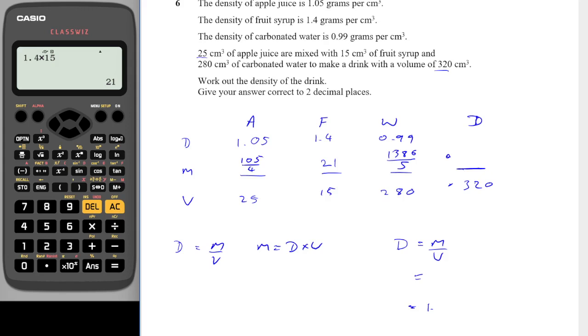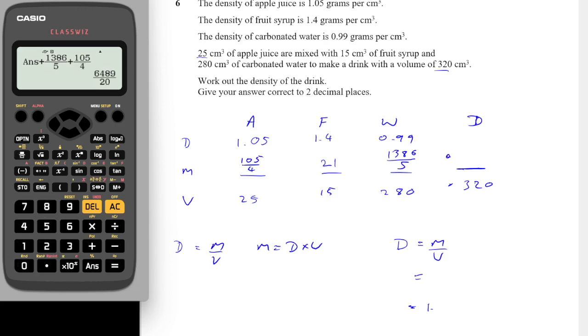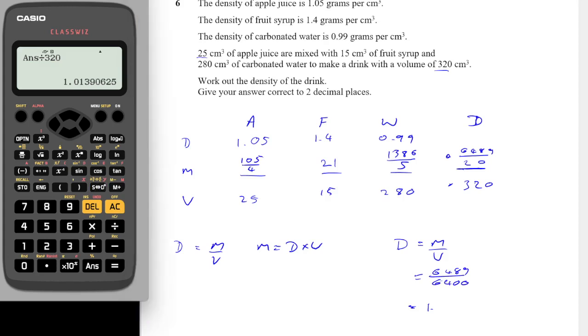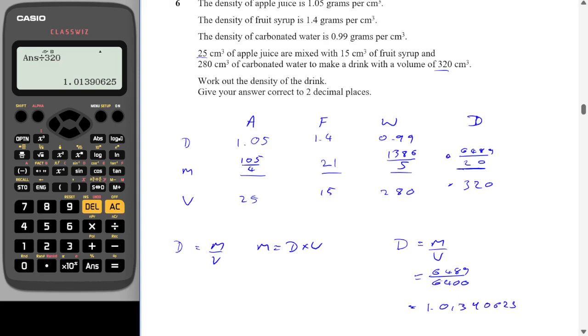So if I do 21 plus 1386 over 5 plus 105 over 4, my total mass should have been 6489 over 20, which means that my density would have been that divided by 320, which gave me a slightly different value, 6489 over 6400, and then that as a decimal, that looks right, 1.013909625.